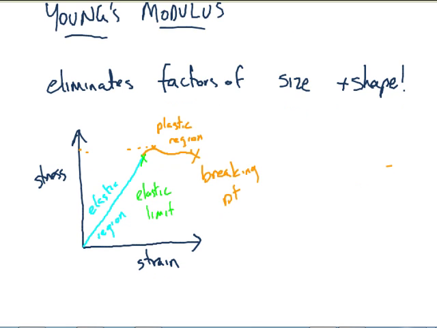Now, Young's modulus, we're basically looking at this elastic region. So we've got Young's modulus is the gradient. It is stress over strain. And basically it measures its stiffness.